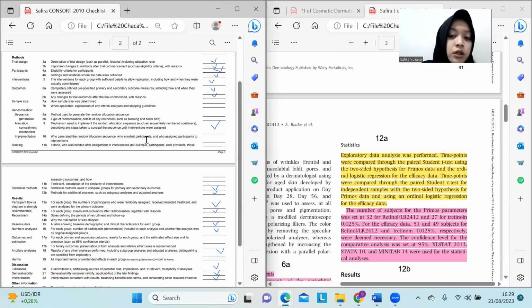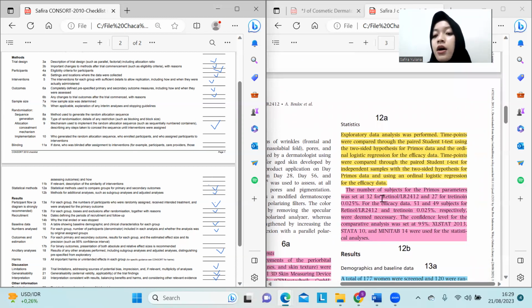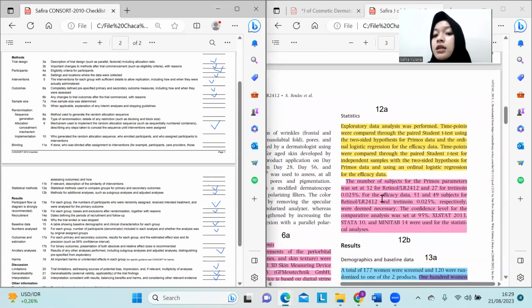And next, we move to number 12B. Number 12B is methods for additional analyses such as subgroup analyses and adjusted analyses. The number of subjects for the Primos parameters was set at 32 for retinol LR 2412 and 27 for tretinoin 0.025%.